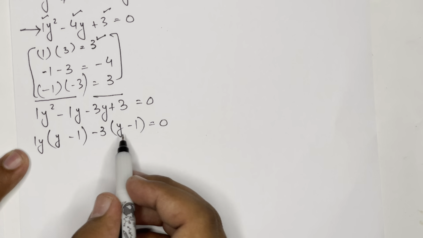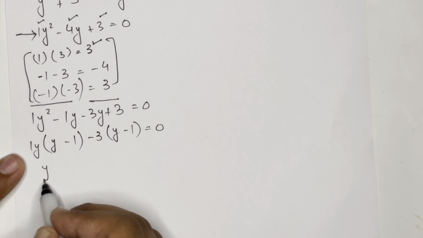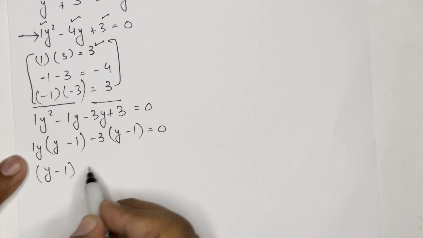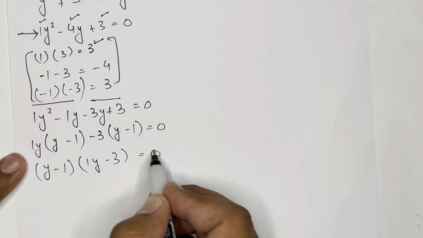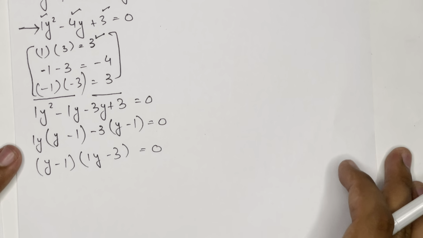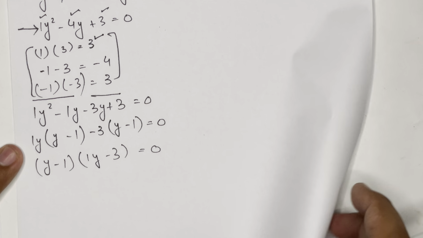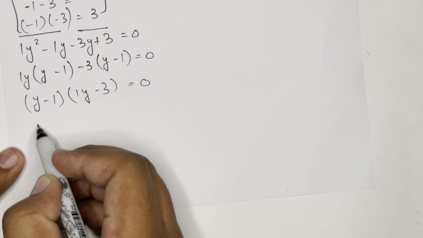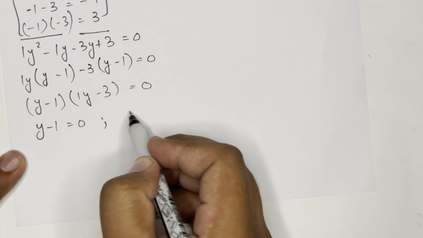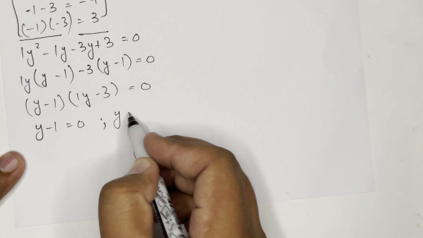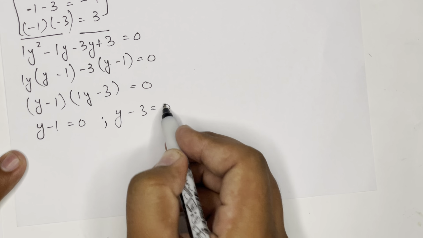So y - 1 is common, so I can write a single (y - 1) into (1y - 3) equal to 0. Now I am writing these two terms like that: y - 1 equal to 0, and on the other side y - 3 equal to 0.